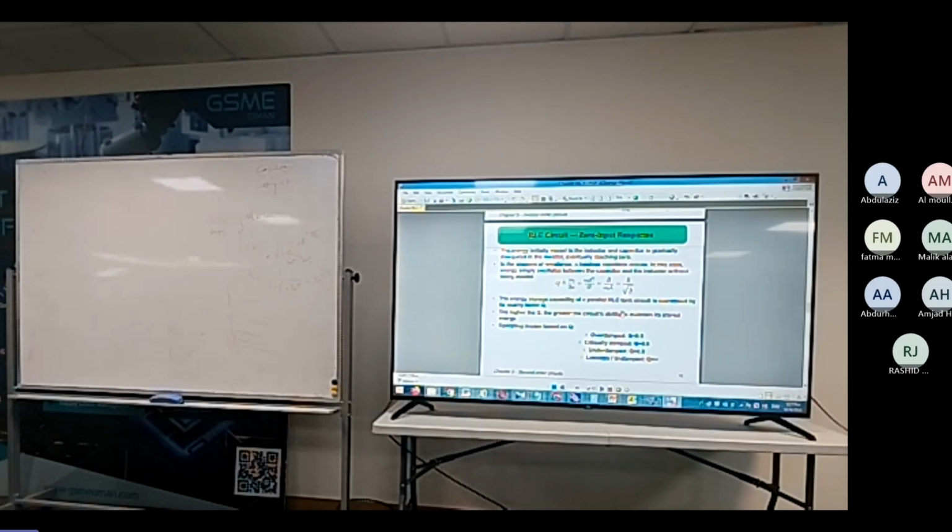So if in a circuit we have a higher quality factor, they can hold the energy for a longer time.